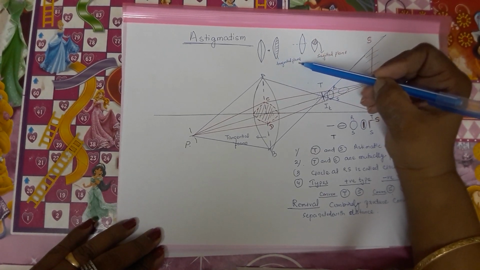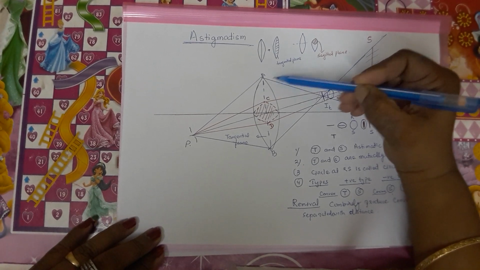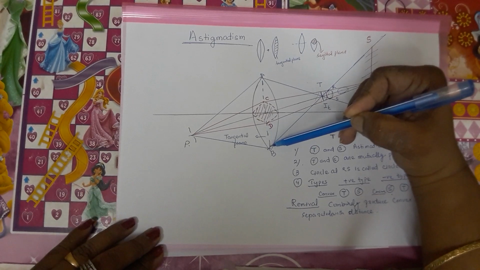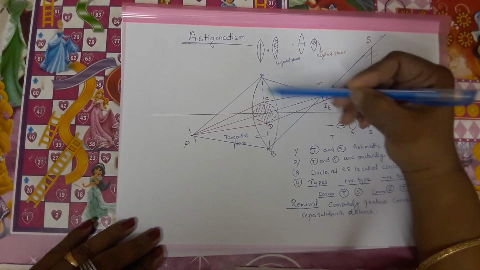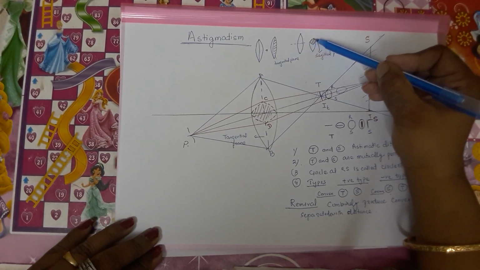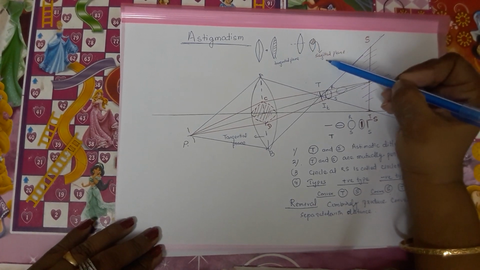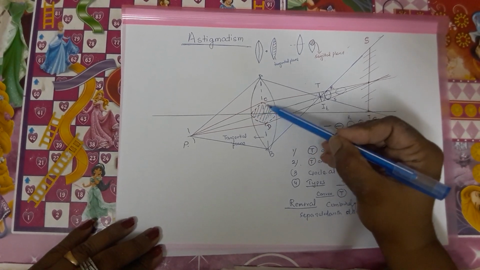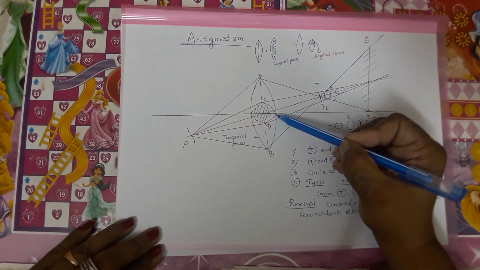This is called the tangential plane. If I cut this convex lens horizontally, I will get another plane called the sagittal plane.